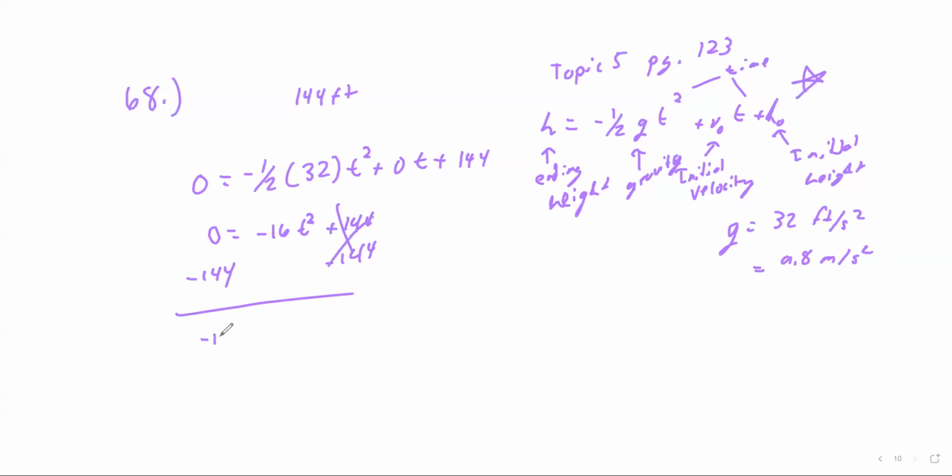Since I can isolate the square term, I'm going to use the square root method here. So I subtracted 144 and divided by -16. That gives me positive 9. Then I take the square root, and I get plus or minus 3 for t.